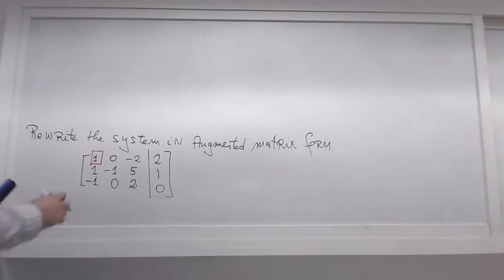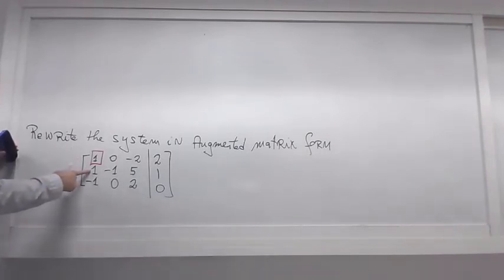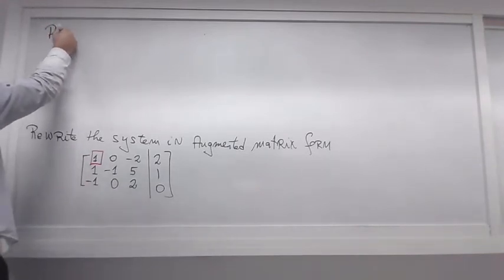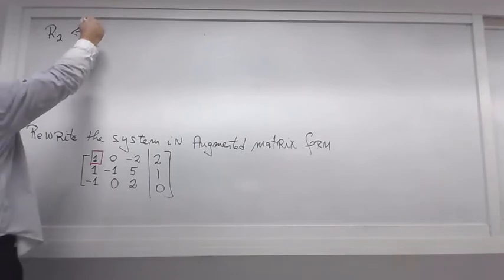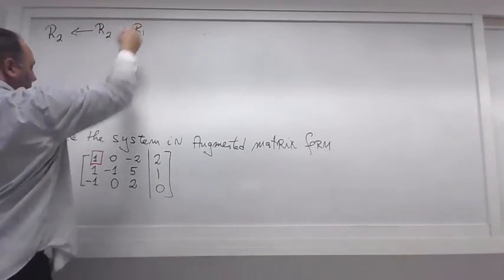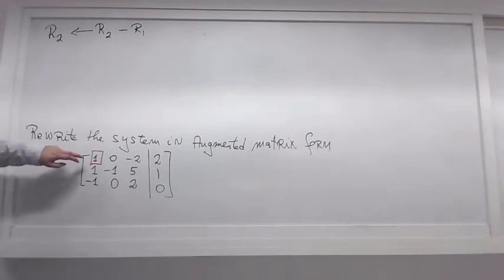That's the idea. So I need to introduce 0 here. How do I do that using elementary row operations? Well, I need to replace row 2 by row 2 minus row 1. And that's the beauty when you have 1 in the upper corner.